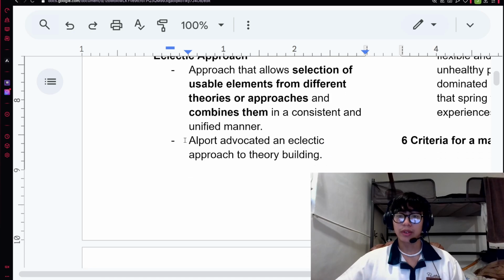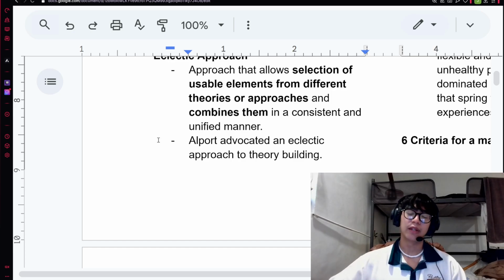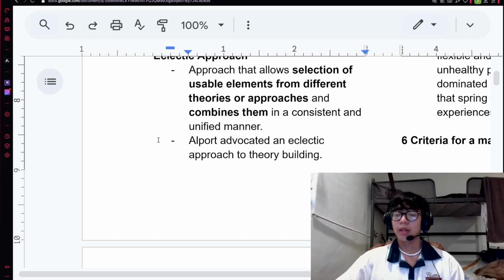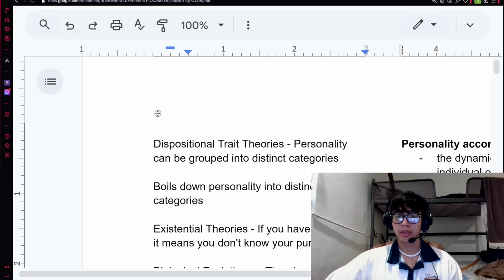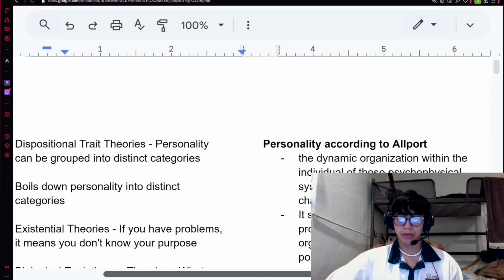So Allport advocated, sorry for the wrong spelling, an eclectic approach to theory building. As we go through, you'll be able to see how Allport really built his theory from basically everyone, right? So let's go here.